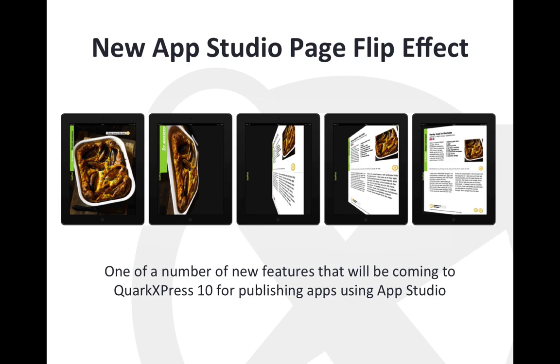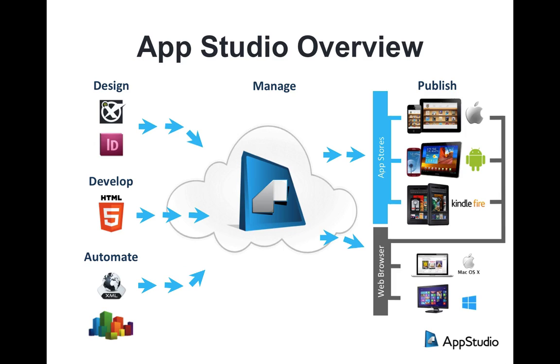The first of those that you'll see in the initial 10.0 release is support for the page flip effect, which is a visually stunning effect that has lots of different applications for use within an app. Now, App Studio itself works with QuarkXPress and InDesign, as well as HTML5 or even XML for automated content creation.